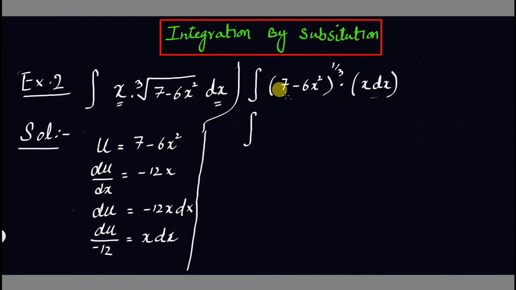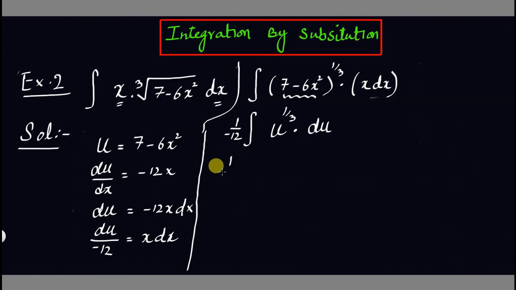For instance, this will be equal to u over here, so this will be u raised to the power 1 by 3, and you can easily find x dx is equal to du over minus 12. So you can put du over here, and minus 12 you can take as a common factor.